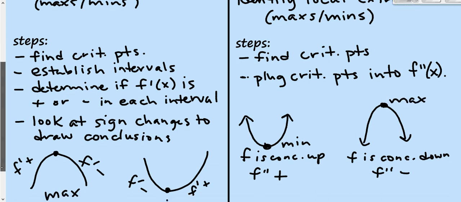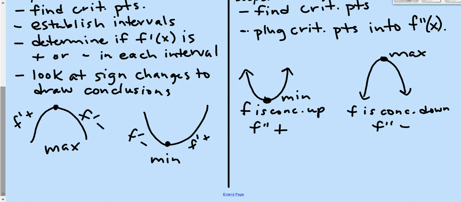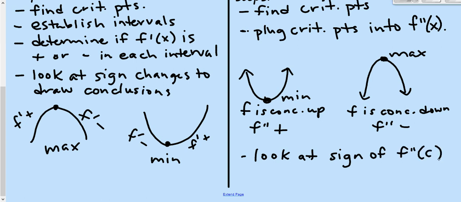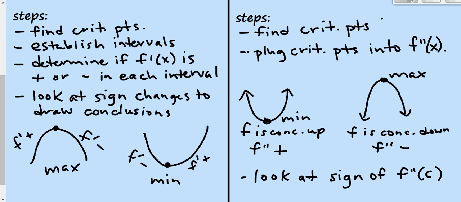So you're going to take your critical point, plug it directly into f double prime, and then you look at the sign, basically. Look at the sign of f double prime of c, if we call the critical point c.